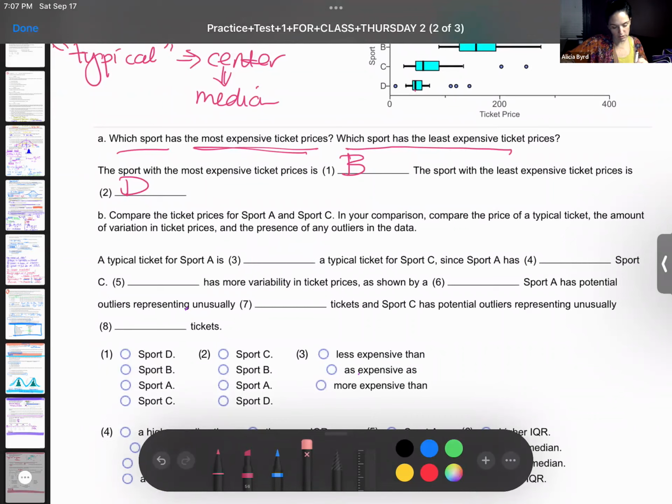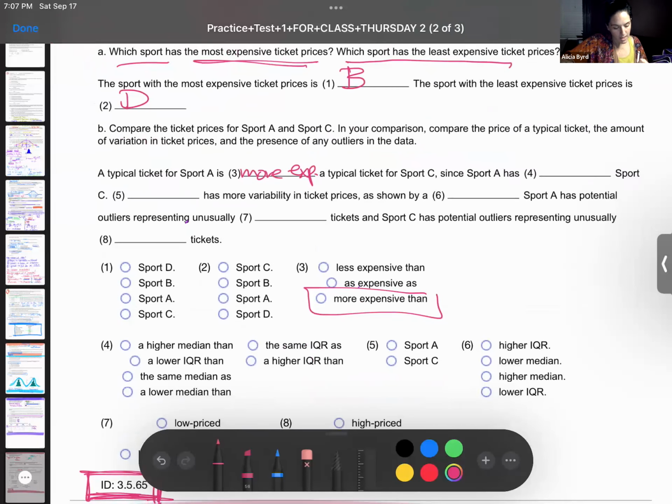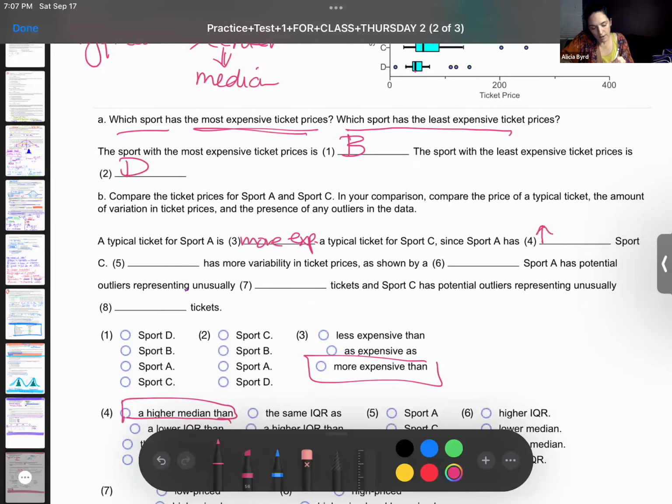Let's change that to more expensive then. I didn't even look at the choices. Sport A is more expensive than C, since sport A has a higher median than sport C. What has more variability?